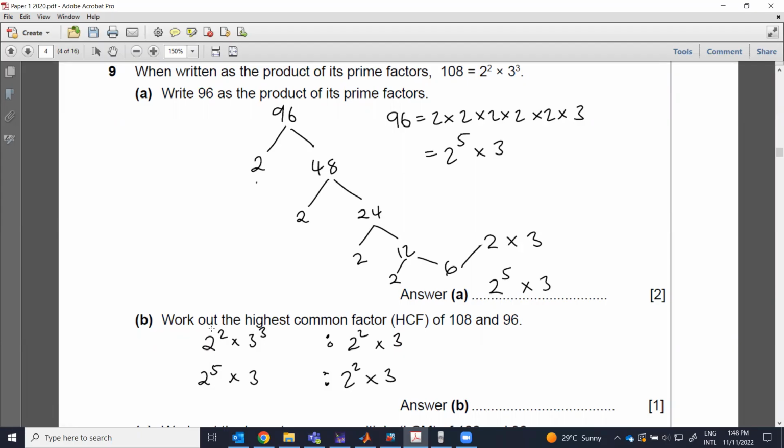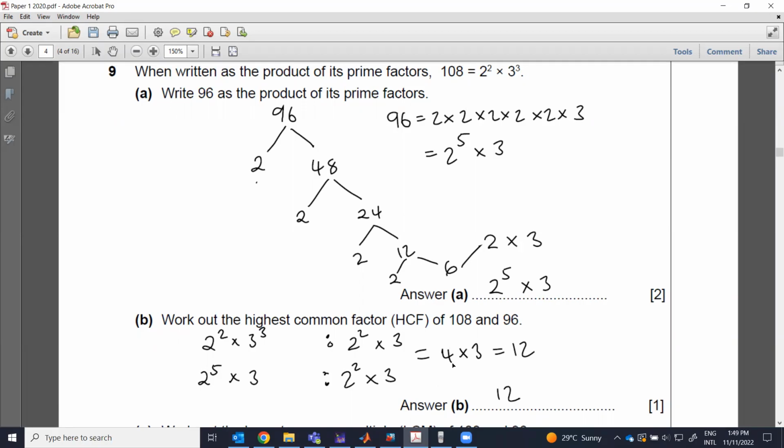It's sort of like you're saying, how many 2s can I get from 108? How many 2s can I match? So they must match. Just because I can get 5 here, I cannot get 5 over there, so I have to pick the smallest one. And then this will give me my highest common factor. So this is 2 to the power of 2 times 3. So this is 4 times 3, and this is equal to 12.